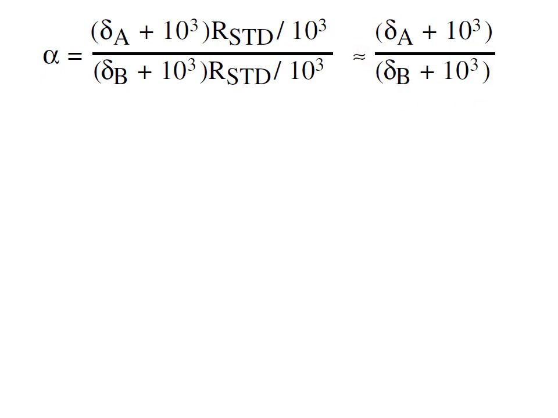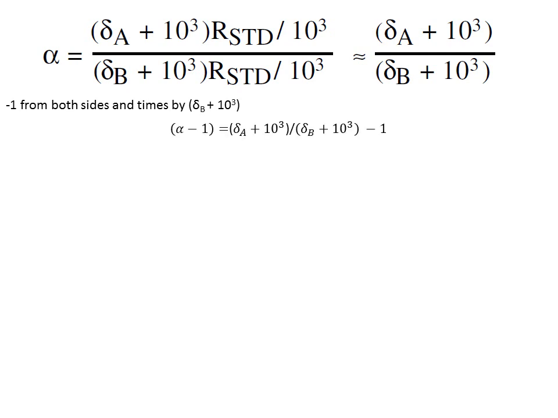Now, some more little mathematical manipulations of this. We take one from both sides, which gives us an equation that looks something like that. Then we multiply both sides by the thing on the bottom here. You can go through these in your own time; they're in your handout.